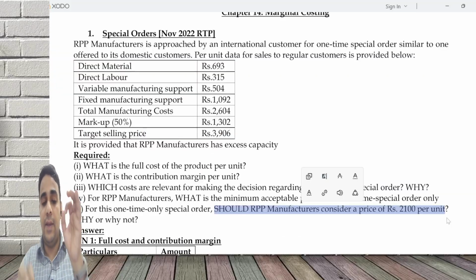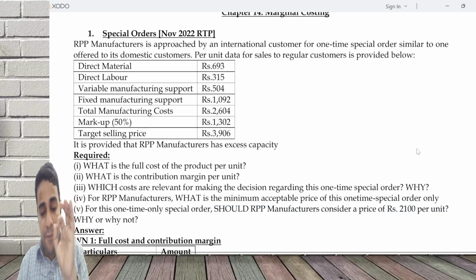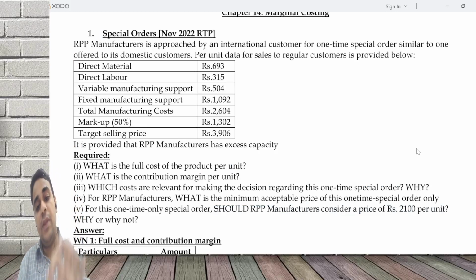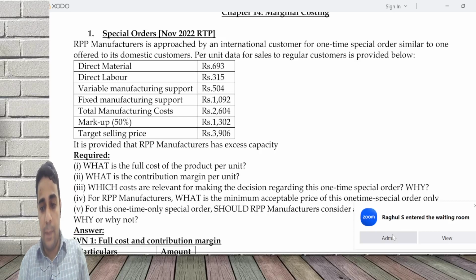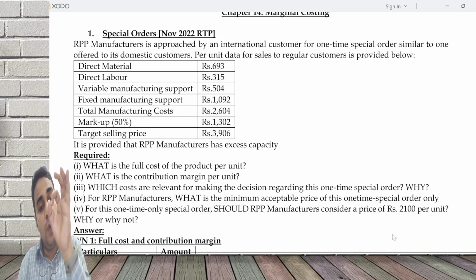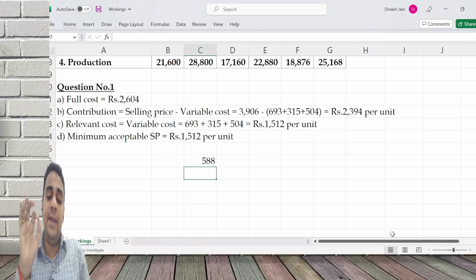If you go ahead with the price of 2100, you will approximately earn 588 per unit.